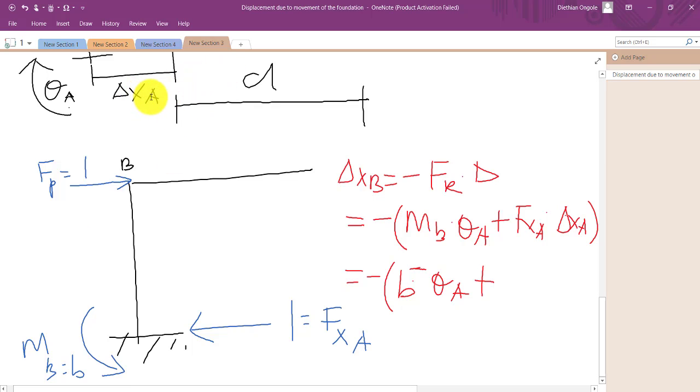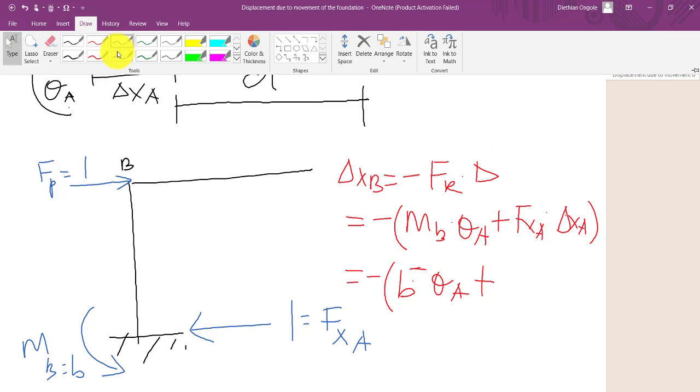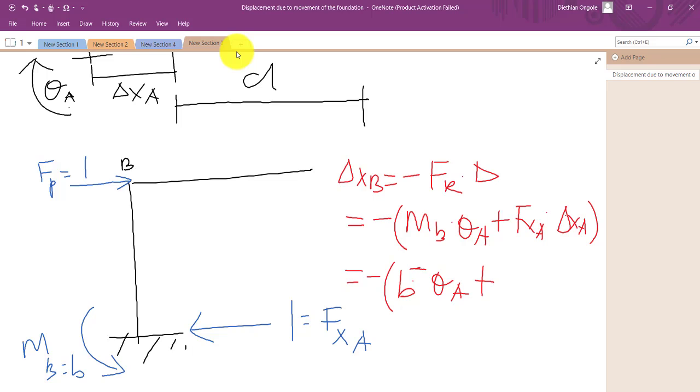All of them act towards the left hand side. So that means that here we shall be having our force as 1 times our displacement, which was delta xa. So this gives us a displacement that is equivalent to this, and this becomes positive.